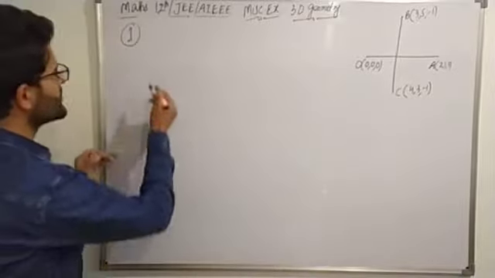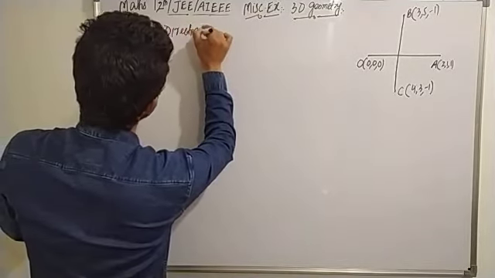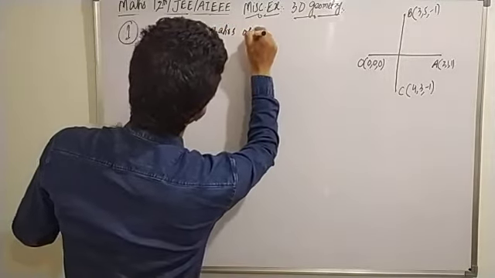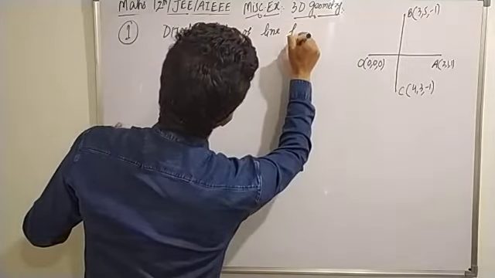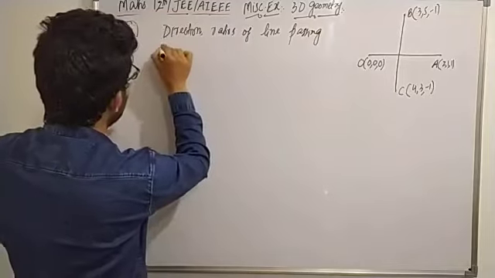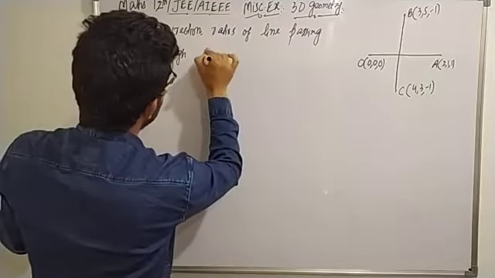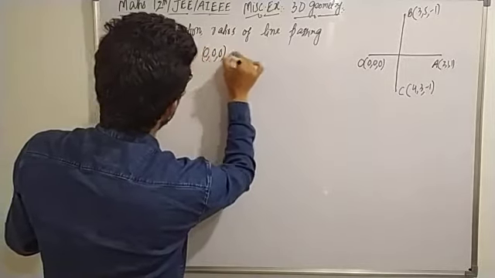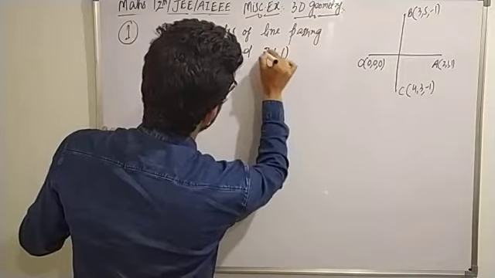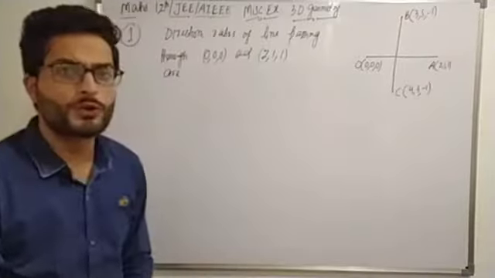So directly we will mention here direction ratios of line passing through 0, 0, 0, and that is origin and the point 2, 1, 1 are. So what are the direction ratios of a line which is passing through 2 points?